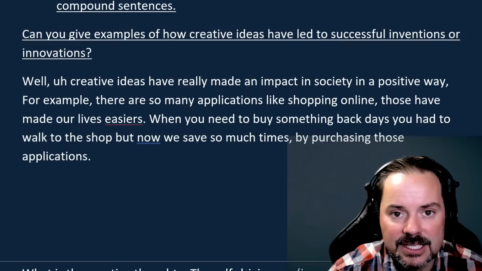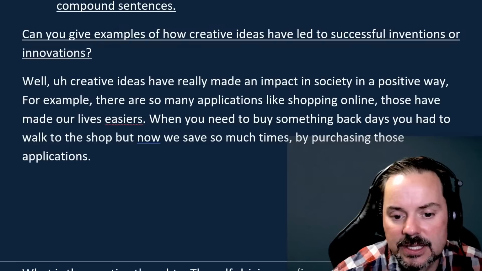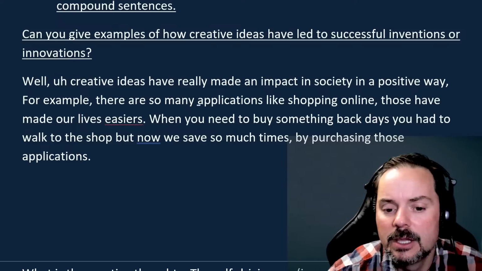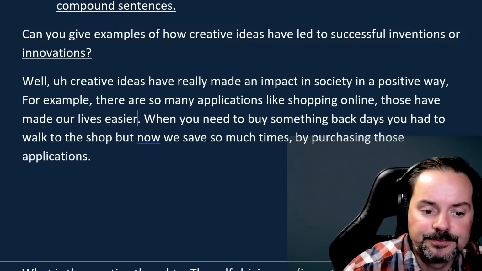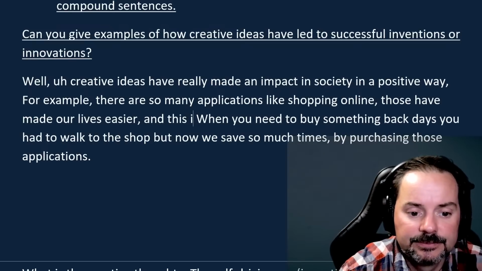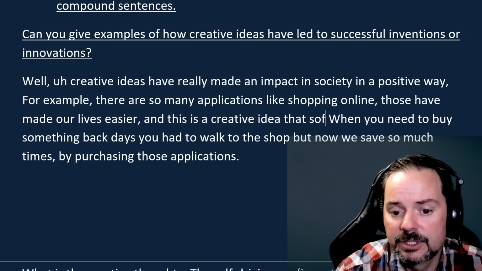Has, have, is, are. Okay. There are so many applications like shopping online. That was really smart. I was like, oh, that's a really clever answer. Like shopping online, those have made our lives easier. And that is a creative idea that software developers had.